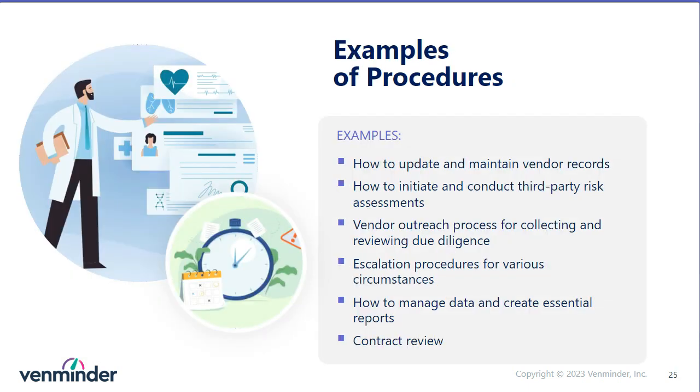So just to give some brief examples of procedures, we might have a procedure about how to update and maintain a vendor record, or what an escalation process looks like. Maybe in a specific situation, there's a procedure for a contract review or signing, how to upload this, do that. You get the picture.